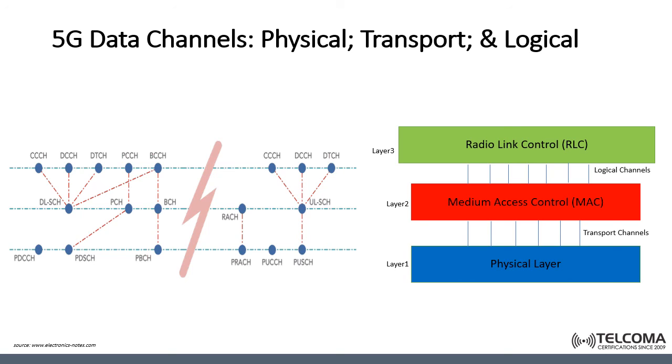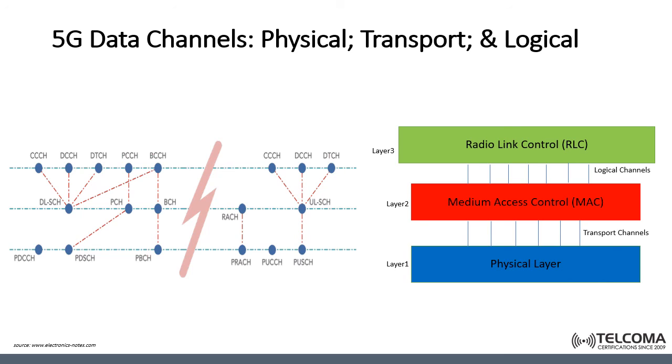And the last channel of the logical channels we have is the DTCH, the dedicated traffic channel. This one also exists in both uplink and downlink, and it is dedicated to one user equipment and used for carrying the user information to and from a specific user equipment and the network.